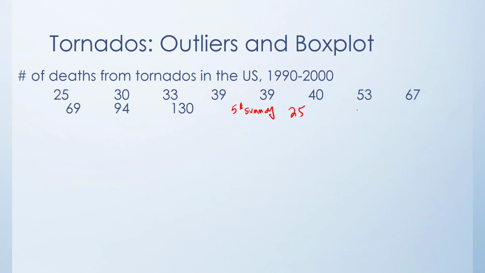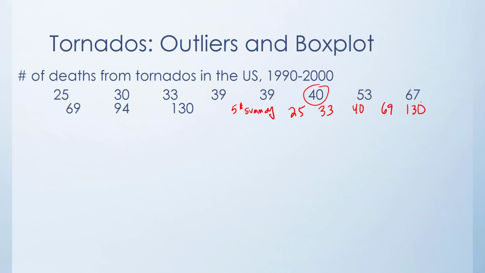We had 25 for our min, 33 for Q1, 40 for our median, the number in the middle with 5 on each side, 69 for Q3, and 160 for our max.